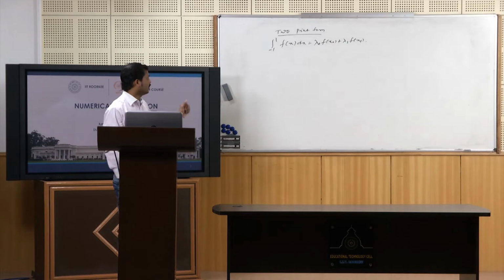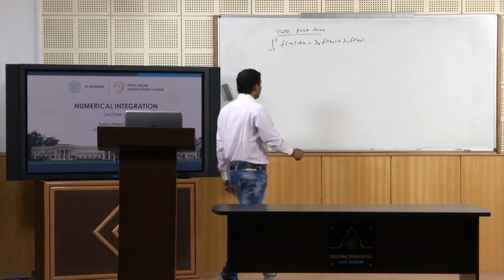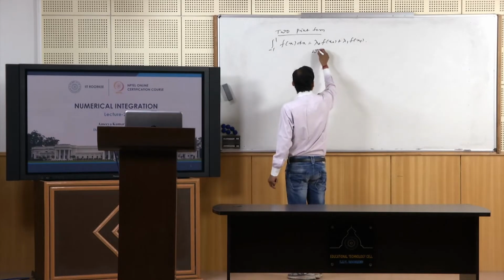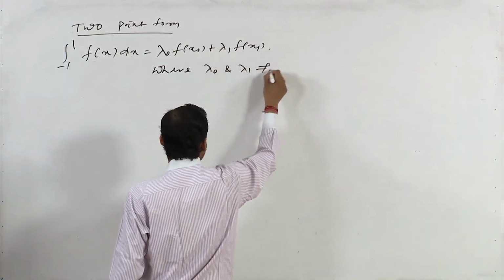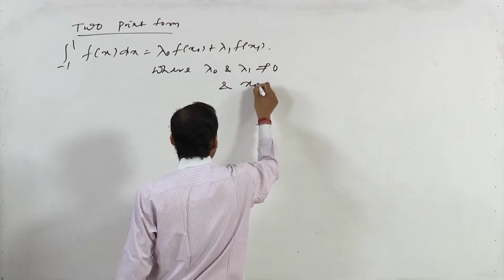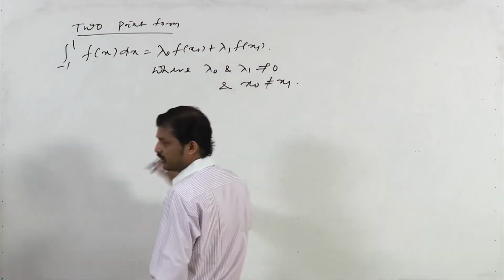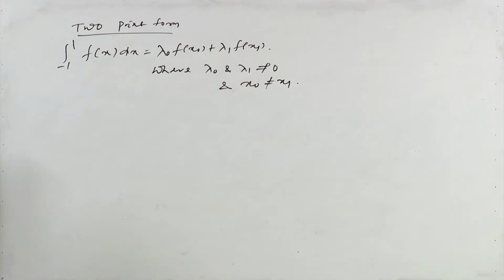So lambda 0 is the first coefficient and lambda 1 is the second coefficient, where lambda 0 and lambda 1 are not equal to 0 and x 0 is not equal to x 1, and these should be determined.